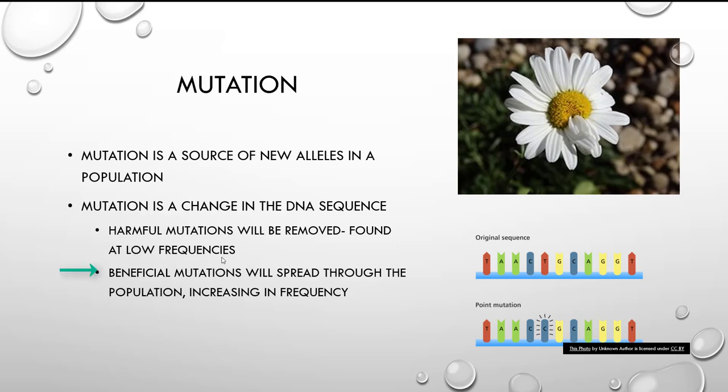If it's a beneficial mutation, then it will be a benefit. So the individuals that possess that mutation will be able to survive longer and reproduce more. So they'll pass it on to the next generation, and eventually it'll spread through the population from generation to generation, increasing in frequency. Okay.